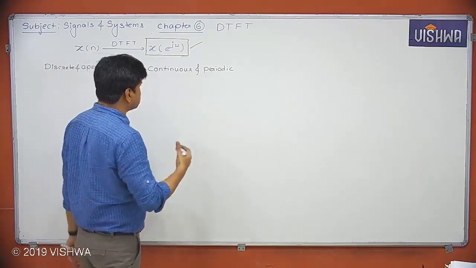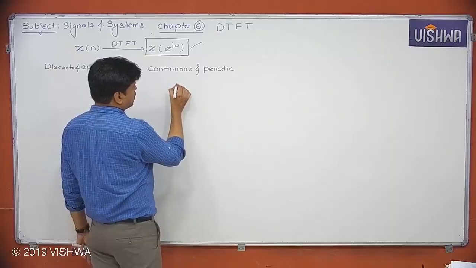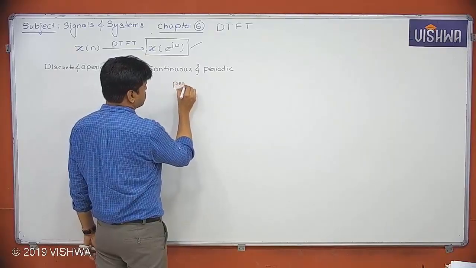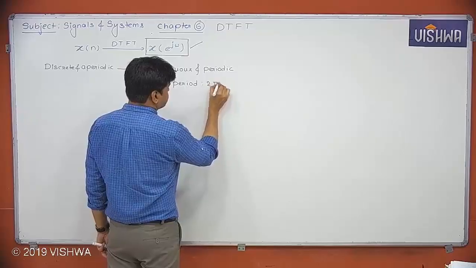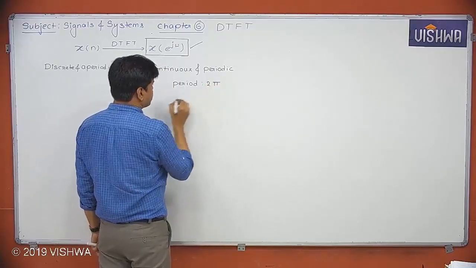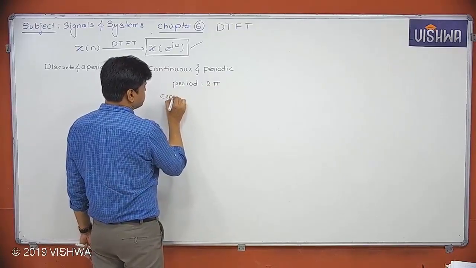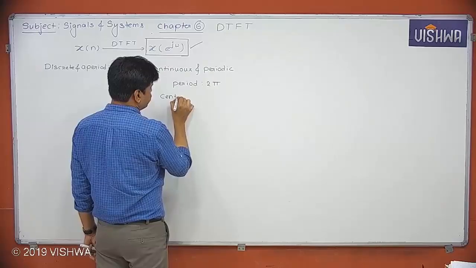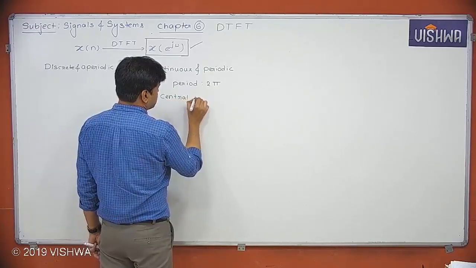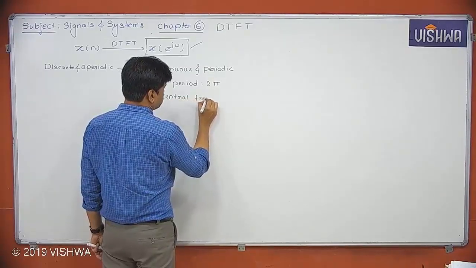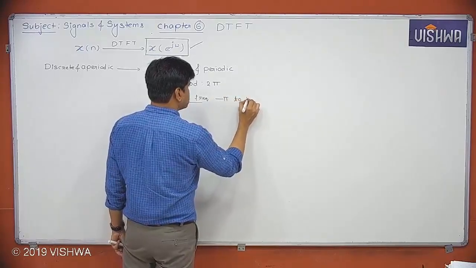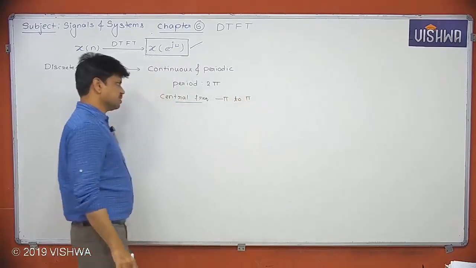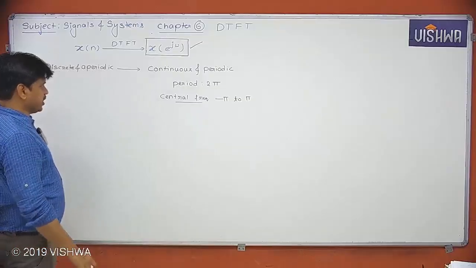And I am just giving you without any proof, it has period equal to 2 pi. Period is equal to 2 pi. And what is the central frequency? Minus pi to pi. Central frequency, minus pi to pi. So this is nothing but the period we are going to consider. What do you mean by this? You can understand.